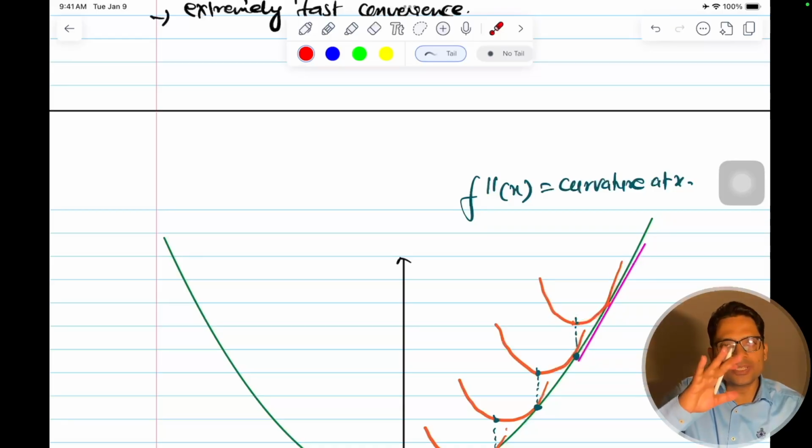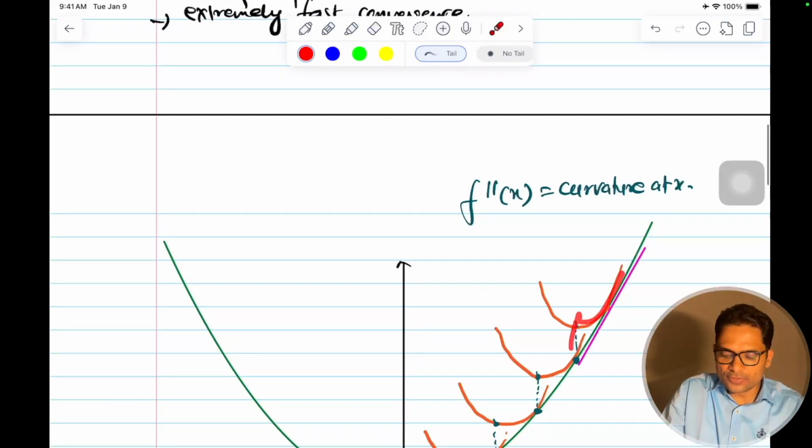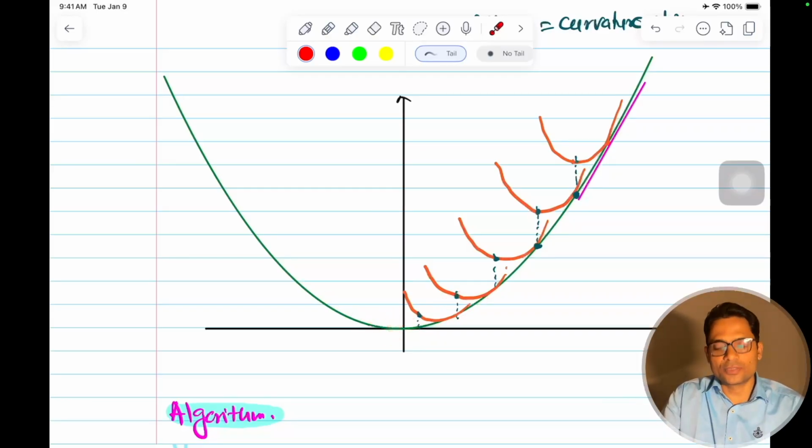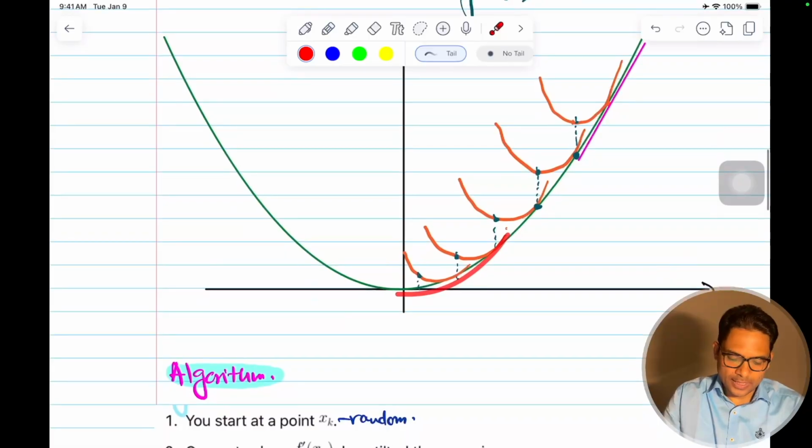So now I'm using not only the gradient but also the curvature of the curve. I'm moving very fast downhill because I'm using more information, and that causes very fast convergence. Especially when the function becomes quadratic at a certain point, it will just converge in one step. It is so fast.